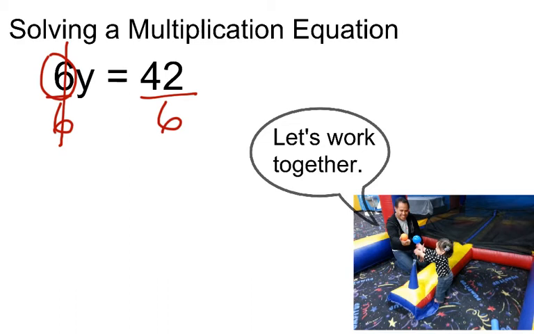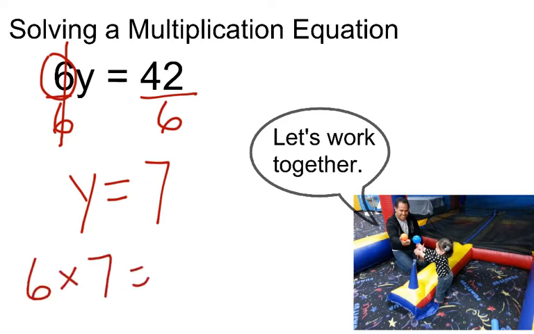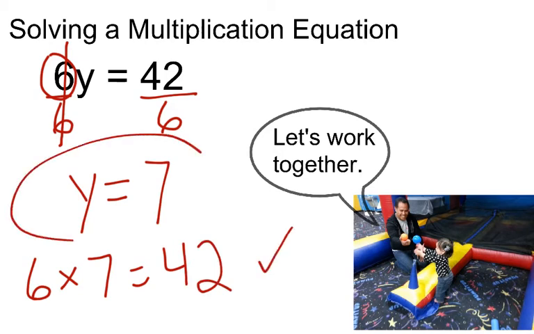That cancels out. So we're just left with y equals 42 divided by 6, which gives me 7. Now I need to check to see if I'm right. Is 6 times 7 equal to 42? Yes, it is. So that means my y equals 7.